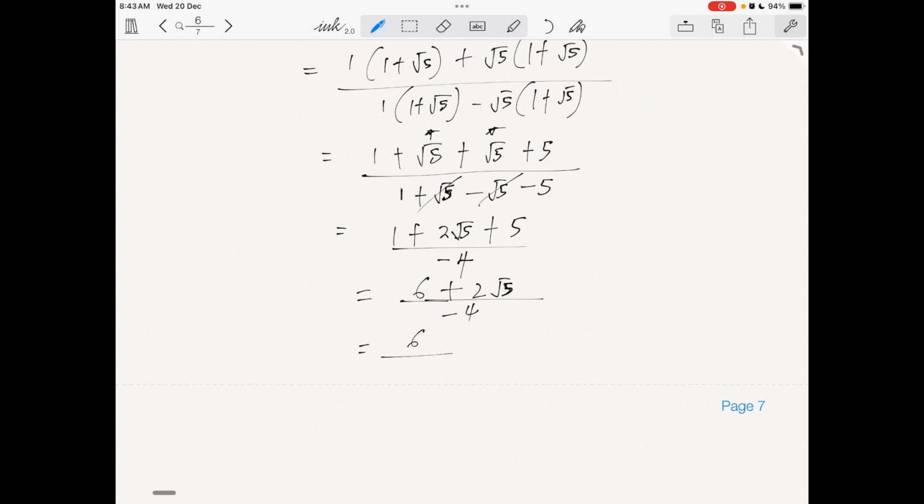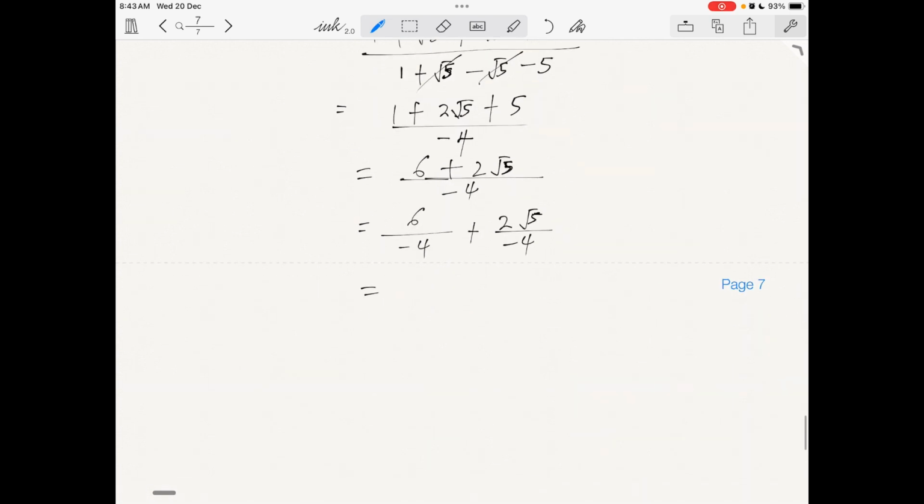You have 6 divided by minus 4, and plus 2 root 5 divided by minus 4. So 6 over minus 4 gives us minus 3 over 2, and 2 over minus 4 gives us minus 1 over 2, root 5. So this will be our final answer.